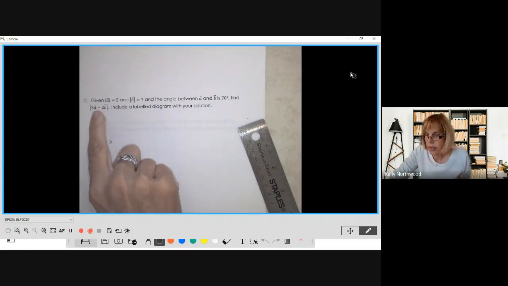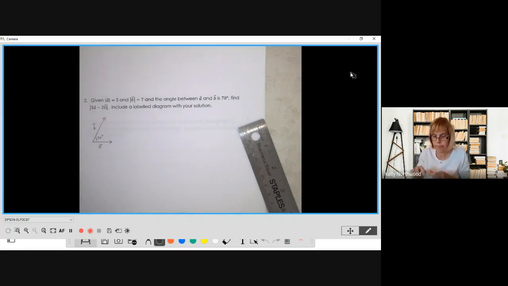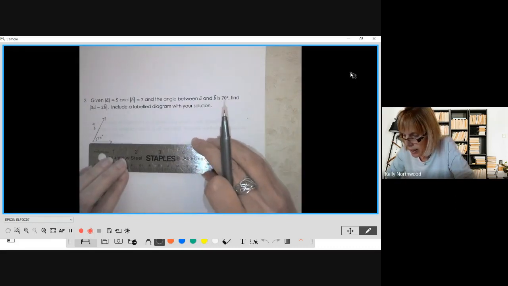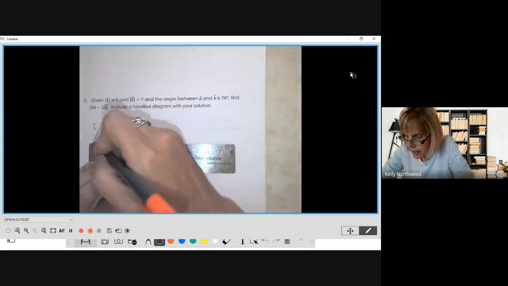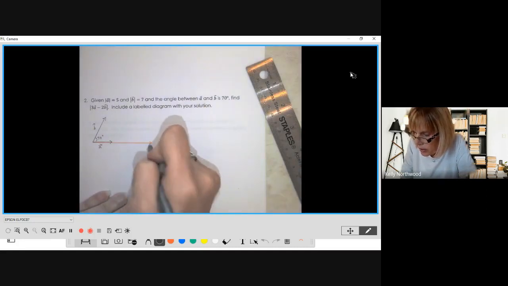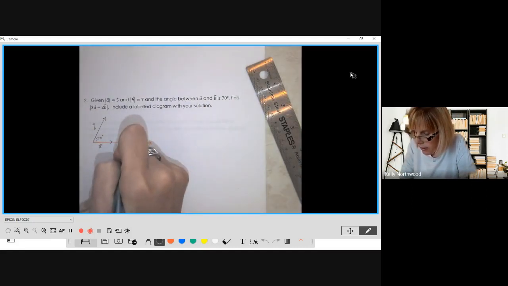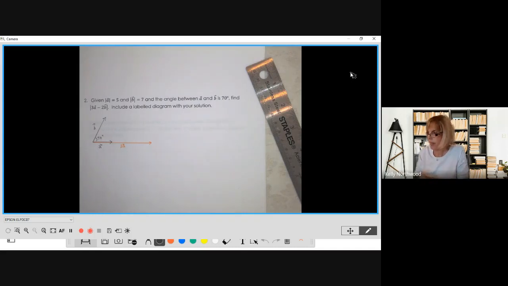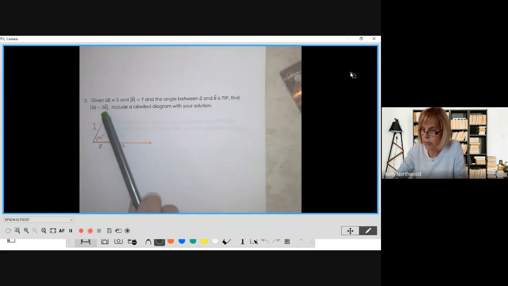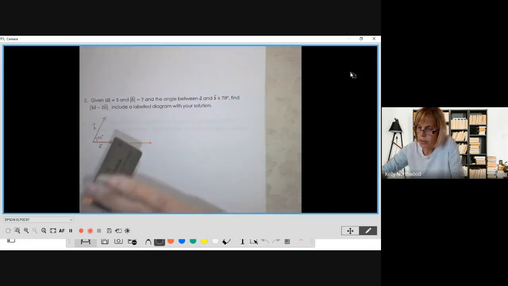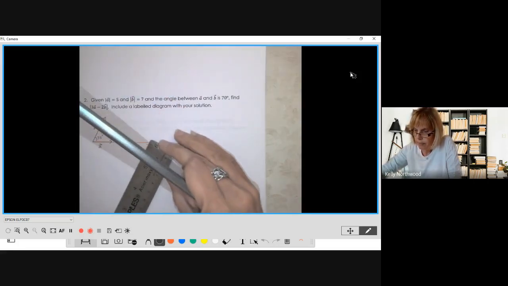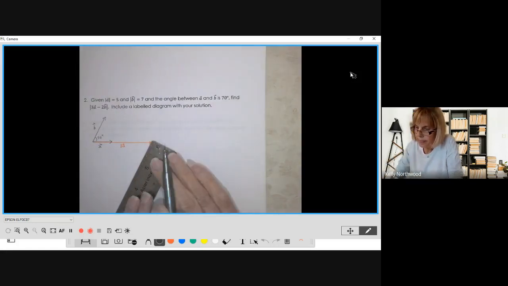And I want to draw the vector 3A minus 2B. So 3A is going to be 3 times as long as A. So I'm just going to extend this vector so it looks 3 times as long and call it vector 3A. And then I want to subtract 2 times vector B. So to subtract, I'm going to still be parallel, but in the opposite direction, and twice as long.